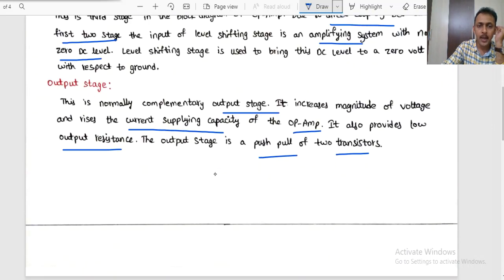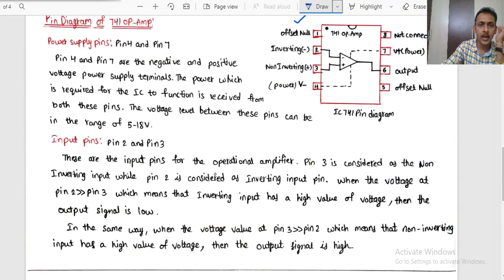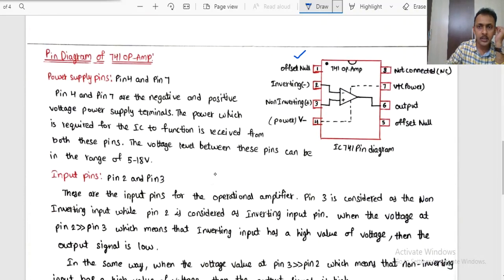Now we will see the pin diagram configuration of the operational amplifier. Dear students, the pin that is very much nearer to this notch, this dot, represents pin number 1, and it is going to have 8 pins: 1, 2, 3, 4, 5, 6, 7 and 8.